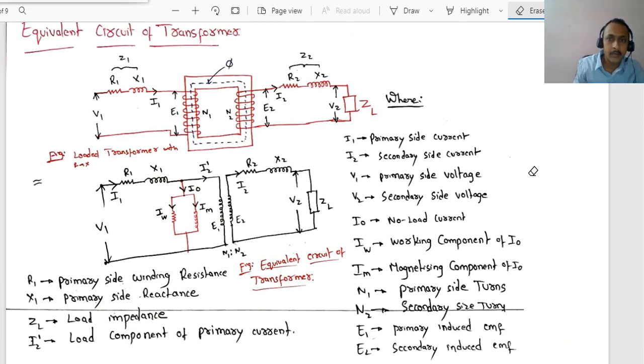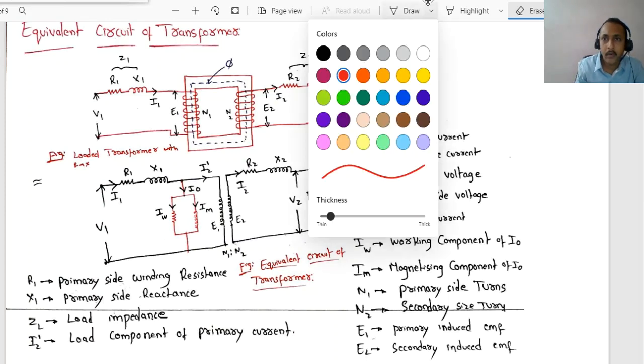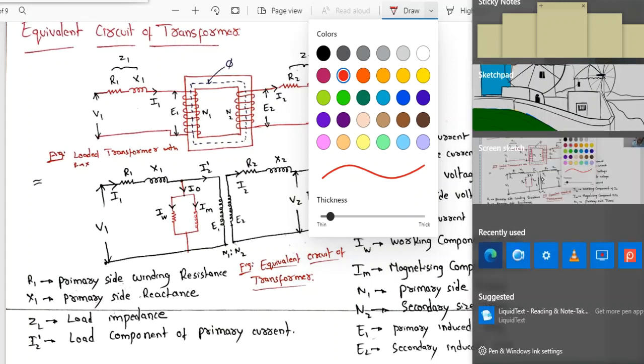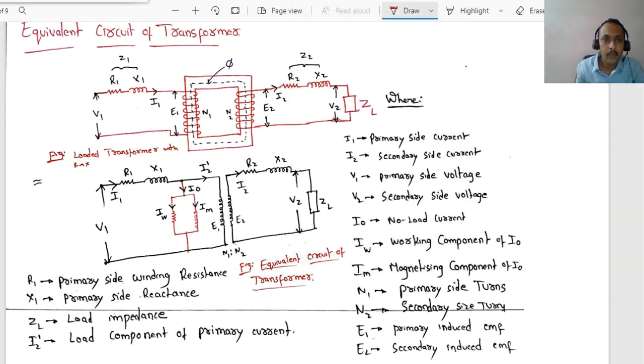In this diagram, this V1 represents the primary side voltage. Every terminology, two times you are going to get. One is with respect to the primary and another one is with respect to the secondary, right? So V1 indicates primary side voltage. This is the first point.